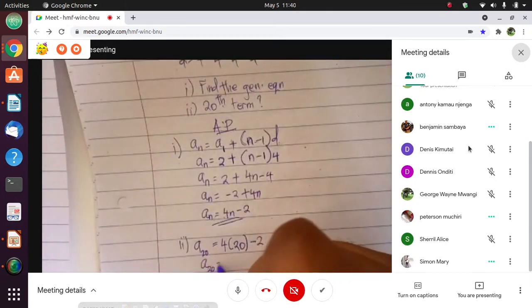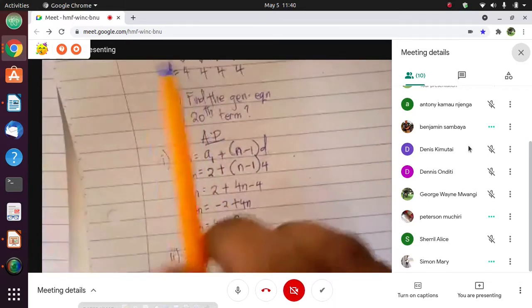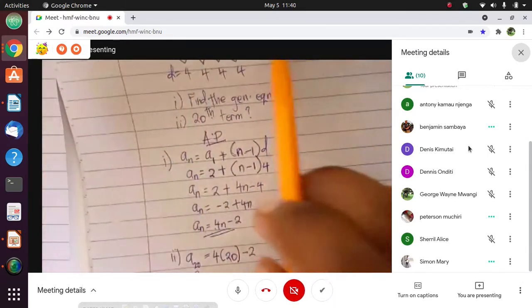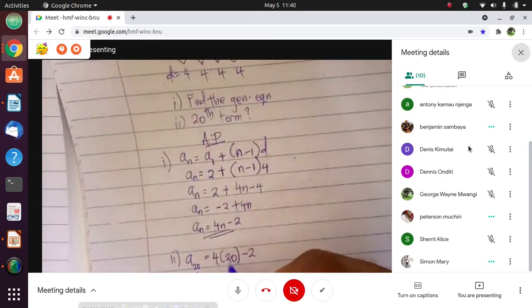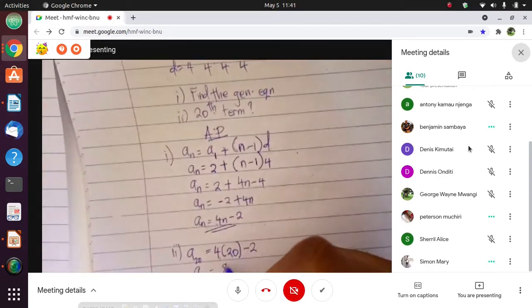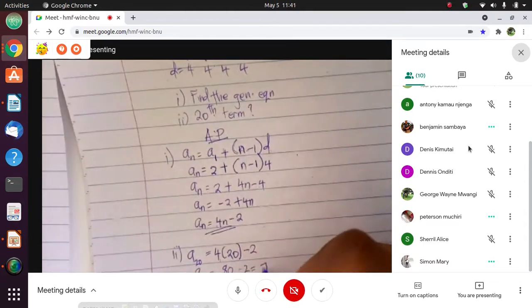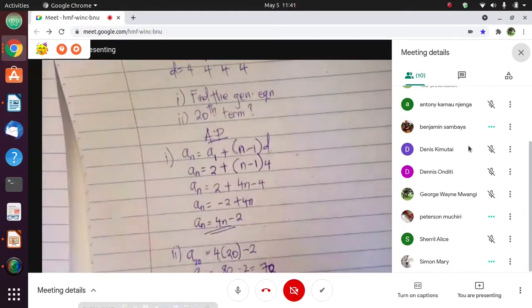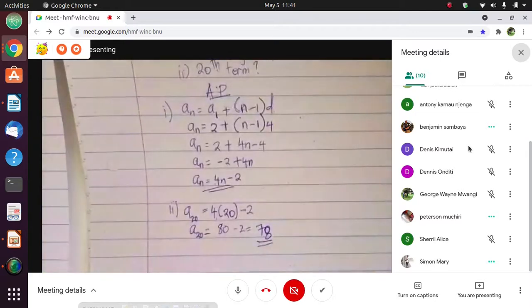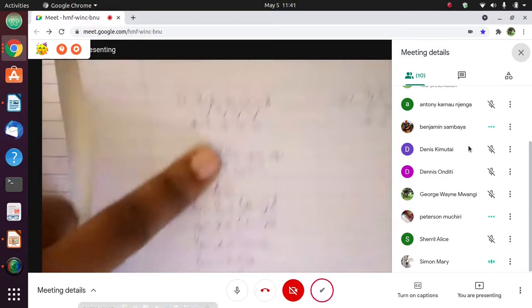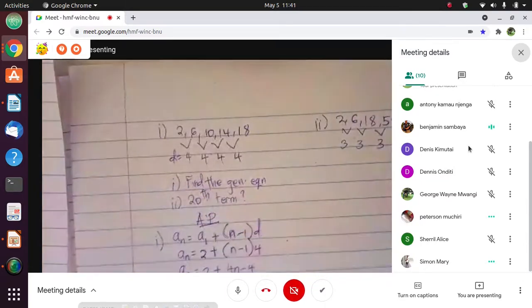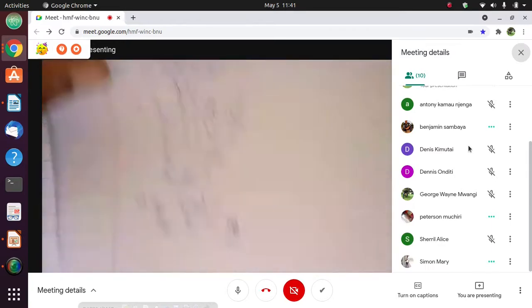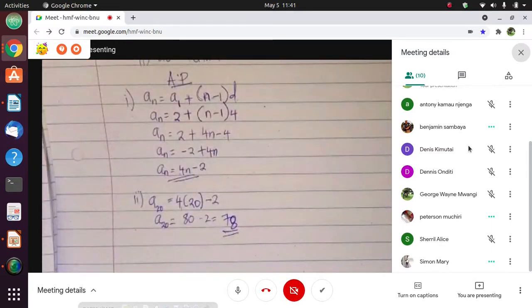So if we continue writing our sequence, you will find that the 20th term, itakuwa 4 times 20, which is 80, minus 2, to give us that the 20th term in our sequence is 78. Are we together? If you have to write down this sequence 2, 4 hivyo mpaka ufike the 20th term, utapata that the 20th term is 78. Sawa sawa?